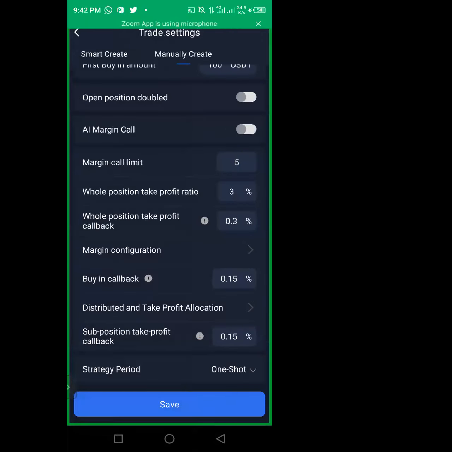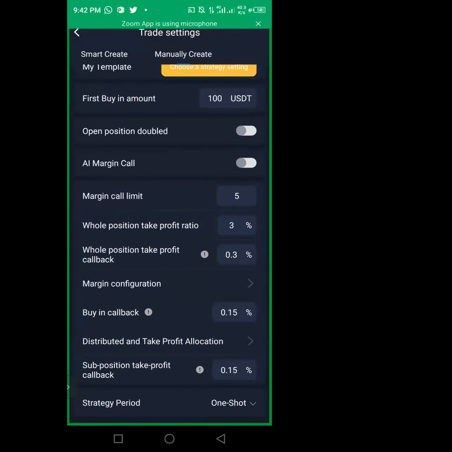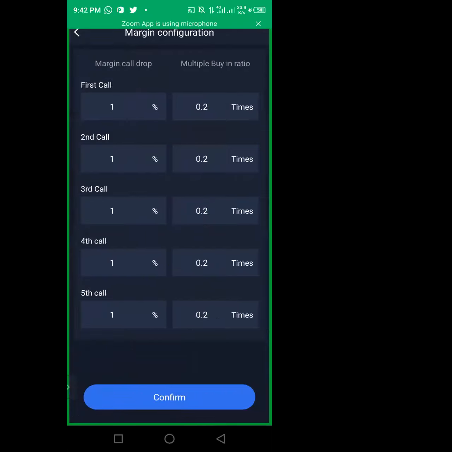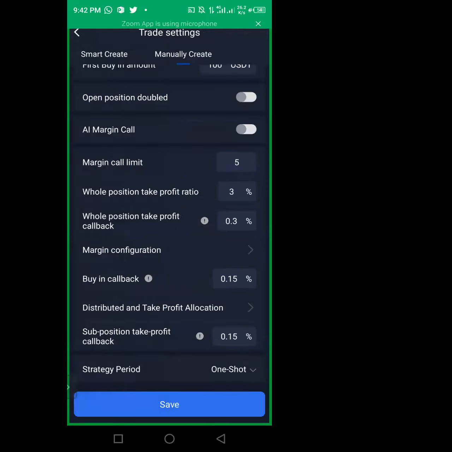If you ask me why, I will tell you. Your whole position take profit is 3. Your margin call, the total here is 5. So when it recovers by 5%, your fifth call, you want it to sell at, you have made it 10%. It will be waiting for the coin to go to 10% before it will sell. But remember, your overall take profit here is 3.